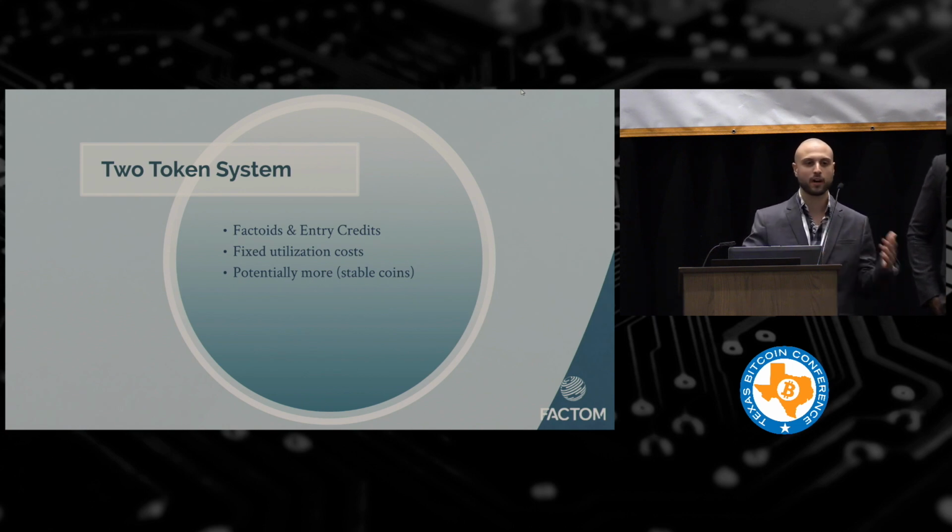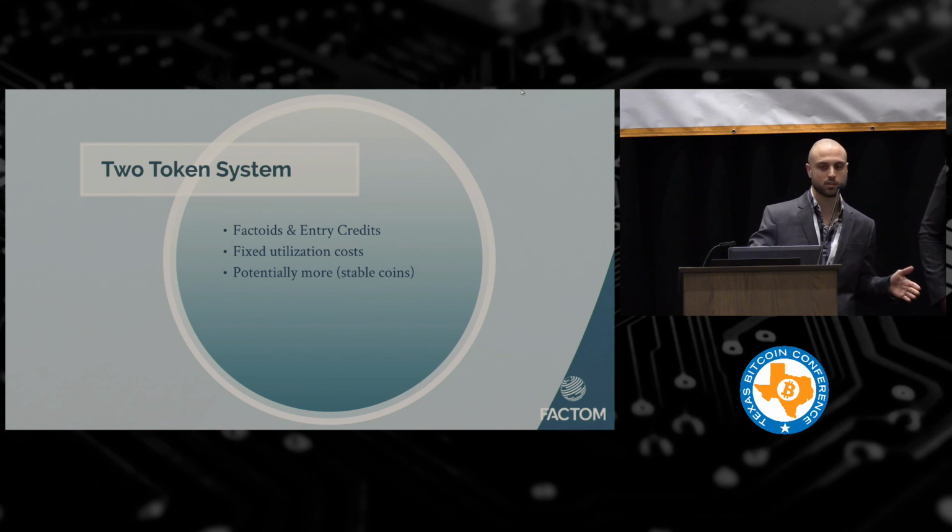So you buy your factoids, and when you want to write into the blockchain, you convert them into entry credits at a fixed, very low cost, and then you can write into the Factom blockchain. So it's a two-token system, extremely beneficial, and potentially more tokens to come in the future.